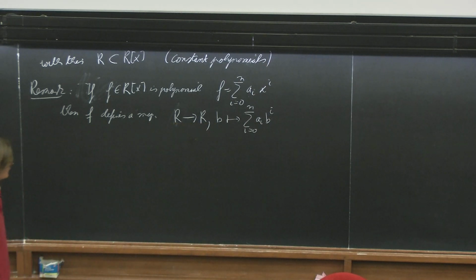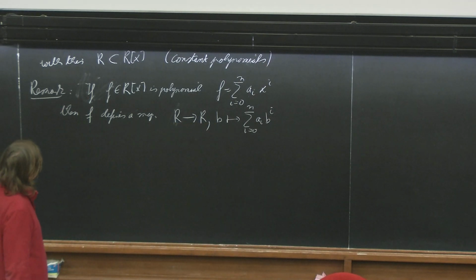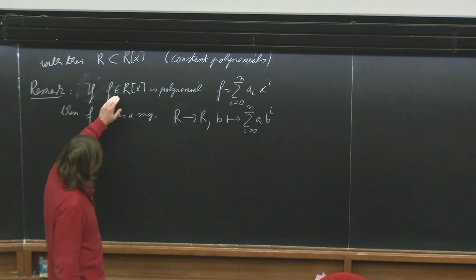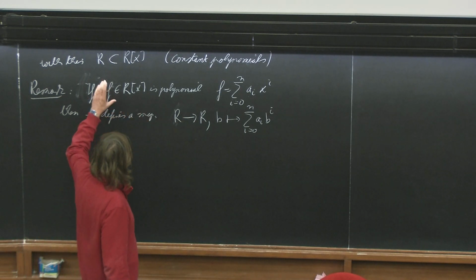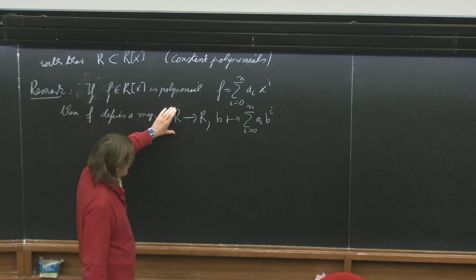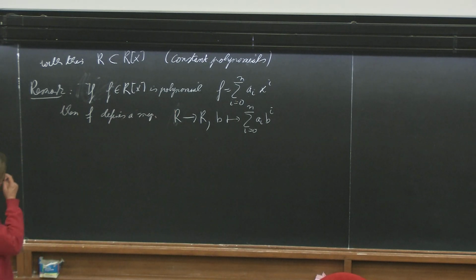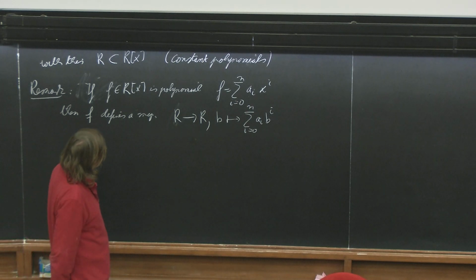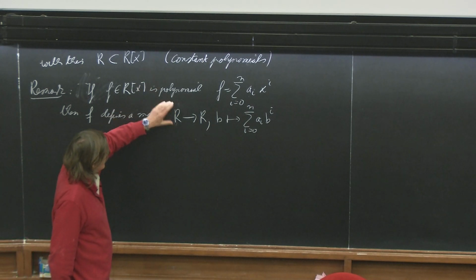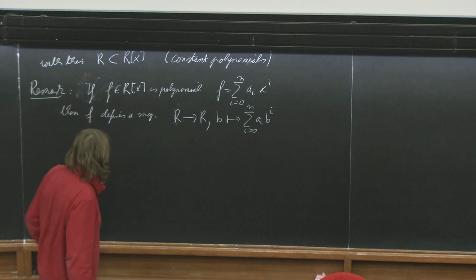So the map defined by the polynomial. But for us, these two things are not the same. This is a polynomial, and this is the map defined by the polynomial. And in particular, from our point of view, there can be more polynomials than there are such maps.